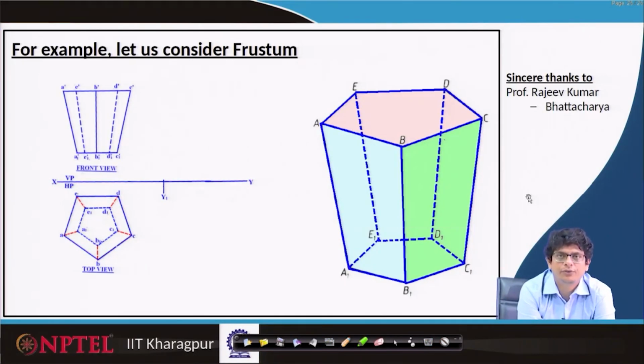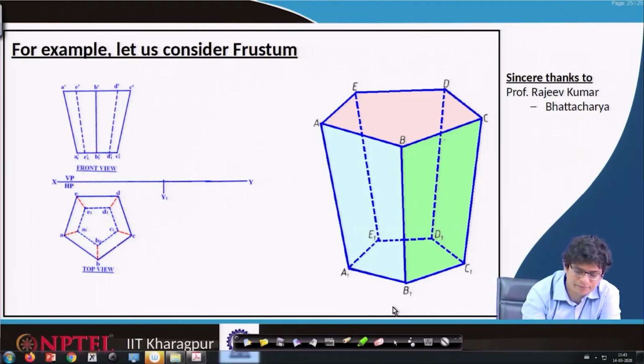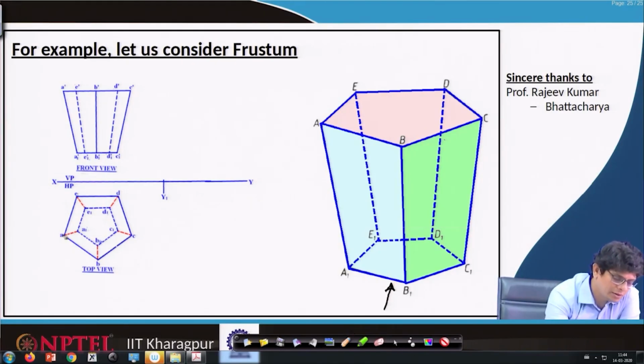Let us look at the front view. When we are looking from the front view, these points are mapped all the way to that one. Similarly, this point is mapped all the way to this C1.